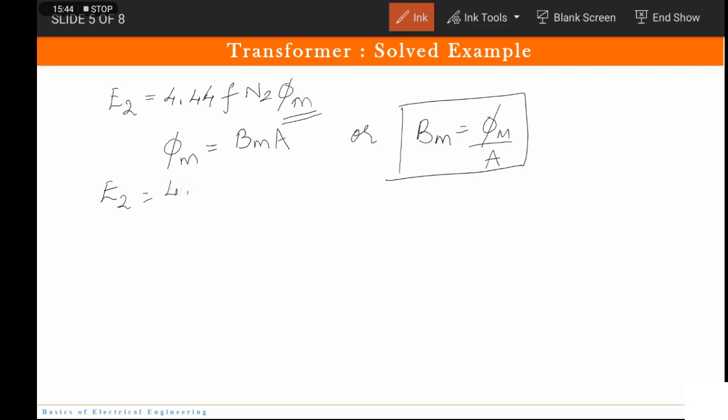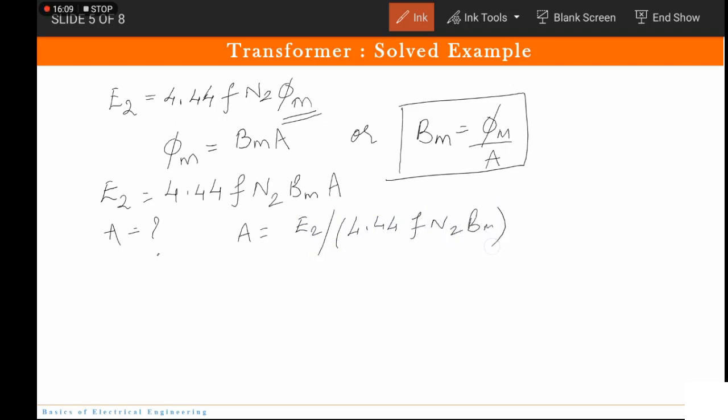So my new equation becomes E2 = 4.44 F N2 Bm A. What is unknown? A is unknown. So A becomes E2 upon 4.44 F N2 Bm. Now all other values are known.